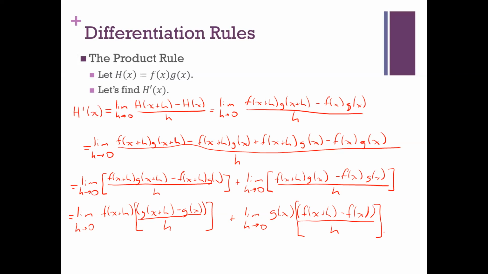The limit on the left is the limit of one function times another, right? But if those individual limits exist, then I can just take the limit of one at a time. So let's talk about the limit as H approaches 0 of F of X plus H. As H gets really, really small, that's just going to go towards F of X. This thing here in the bracket, G of X plus H minus G of X all over H, what does that look like?